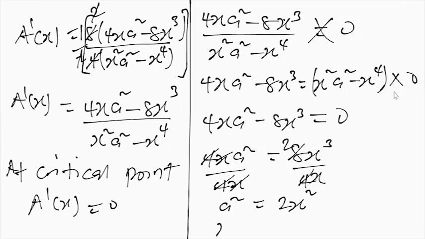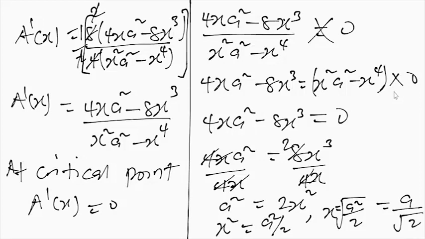Then x squared equals a squared over 2, because our interest is to find x. Then from here we can say x equals the square root of a squared over 2, which is a over root 2. So that's the value of our x.